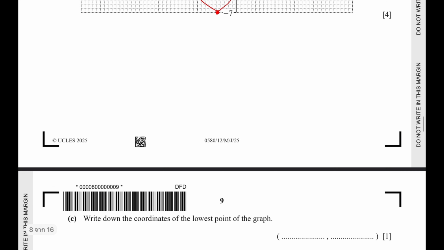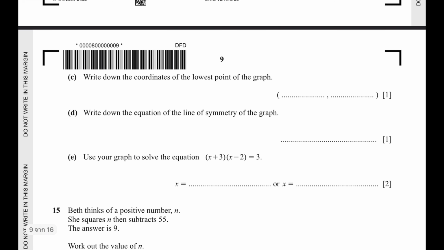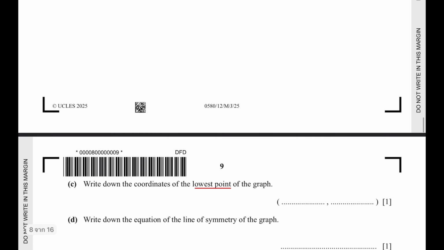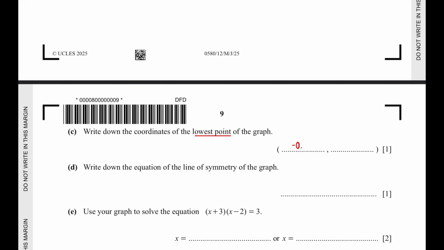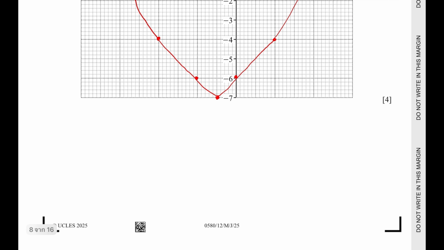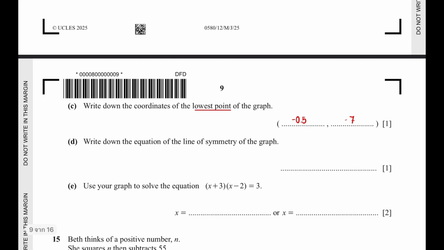Okay, so question C. Write down the coordinates of the lowest point of the graph. So it should be negative 0.5 and negative 7. Write down the equation of the line of symmetry.